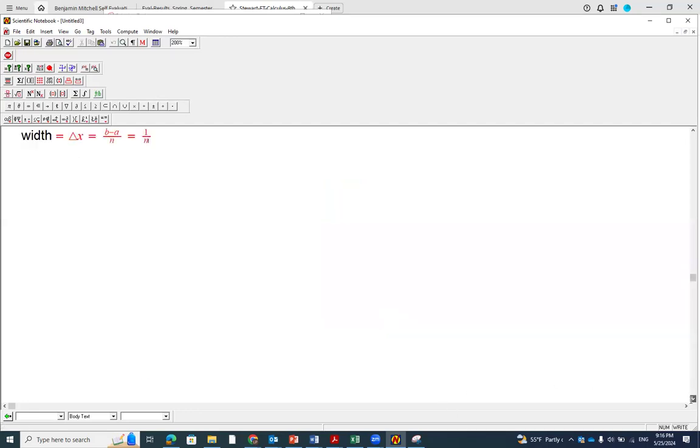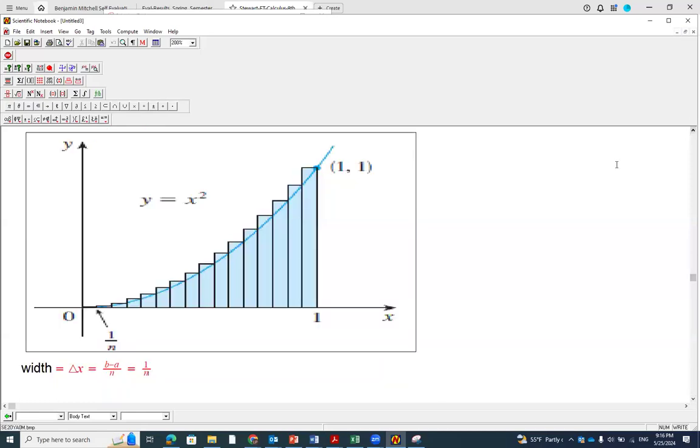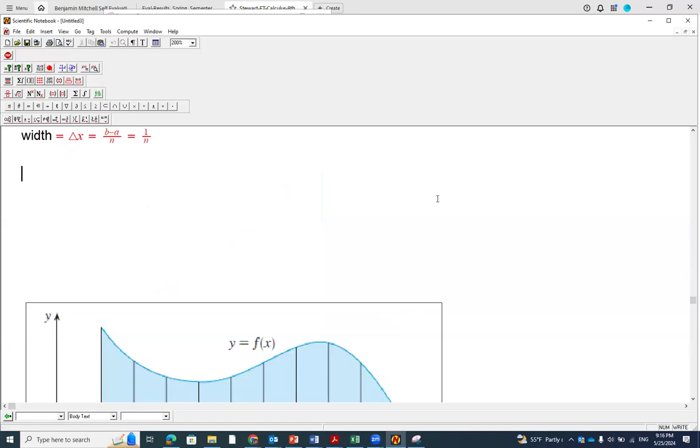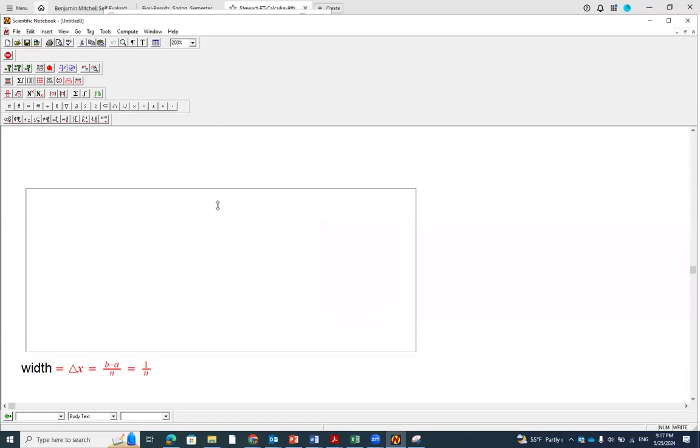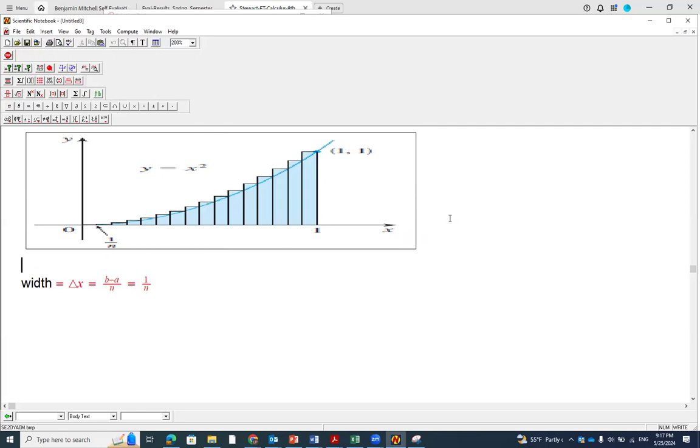So let's look at each one of the subintervals. This is going to be an arithmetic sequence. We're going to show these subintervals as from 0 to 1 over n. The second subinterval is going to be 1 over n to 2 over n.